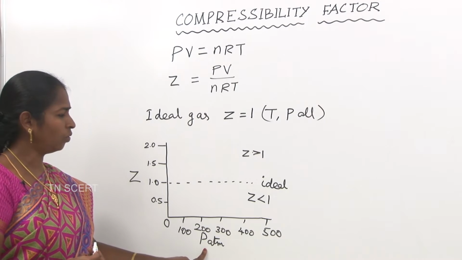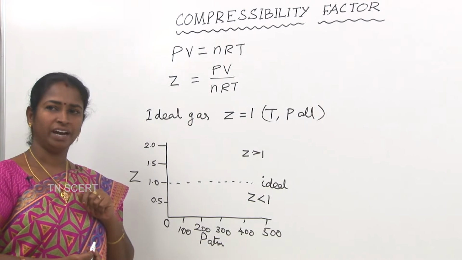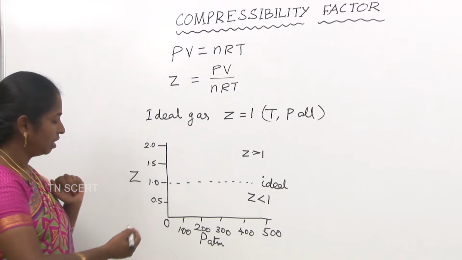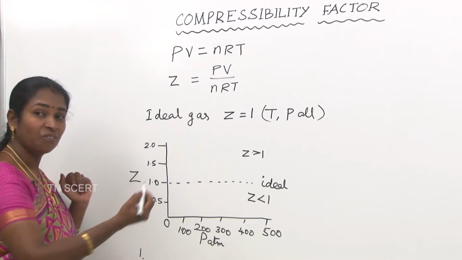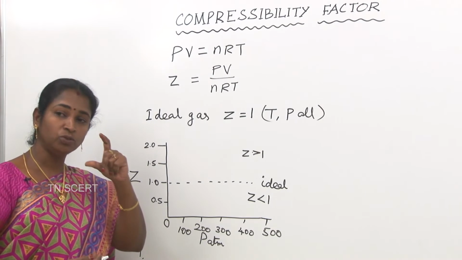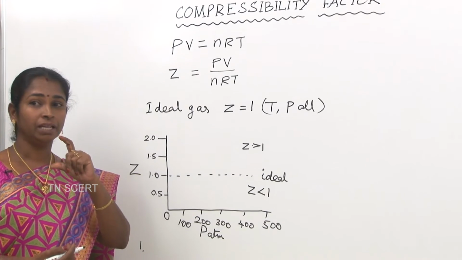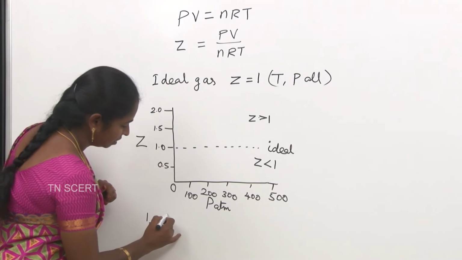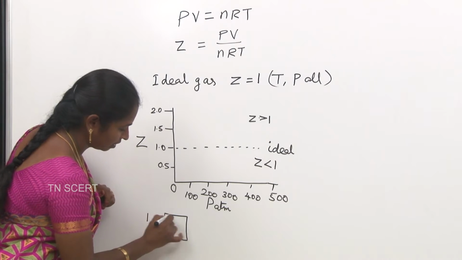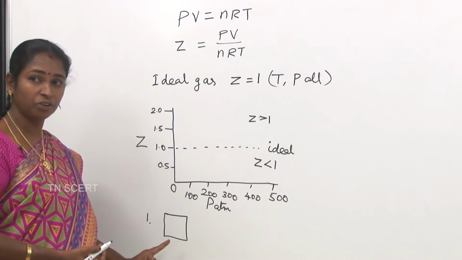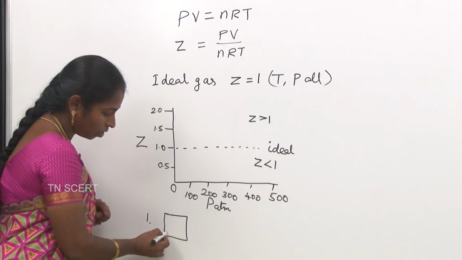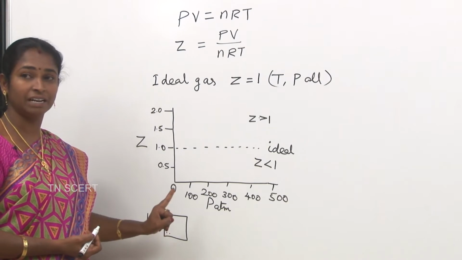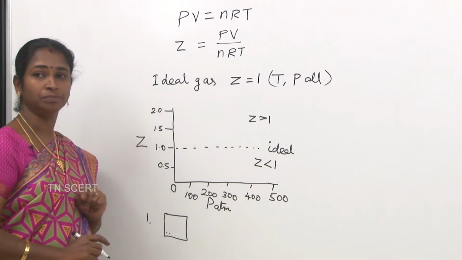When a gas behaves ideally, it should satisfy two conditions. What are the conditions? The volume occupied by the individual molecule should be negligible when compared with the total volume of the gas. See, if this is the container, it is the volume of gas. The volume occupied by an individual molecule like this should be negligible when compared with this total volume.